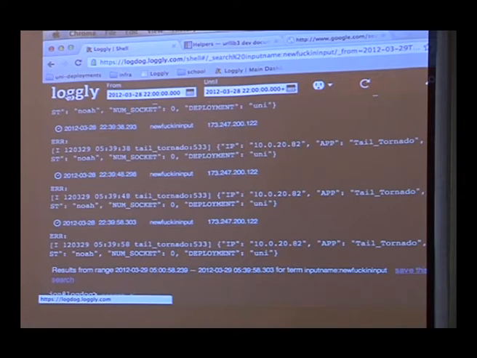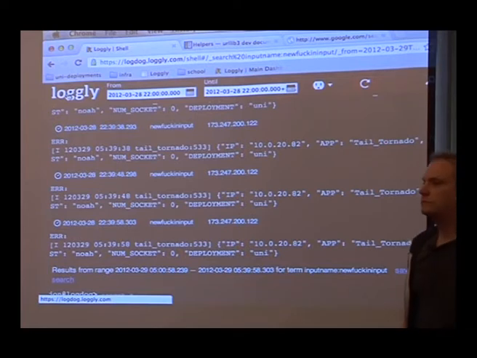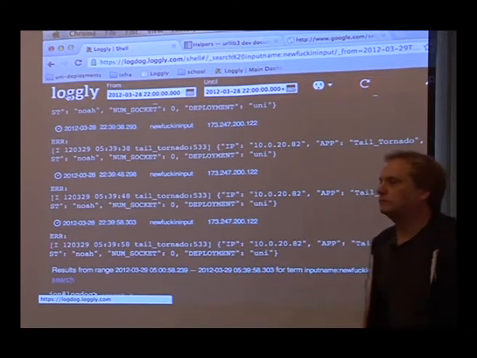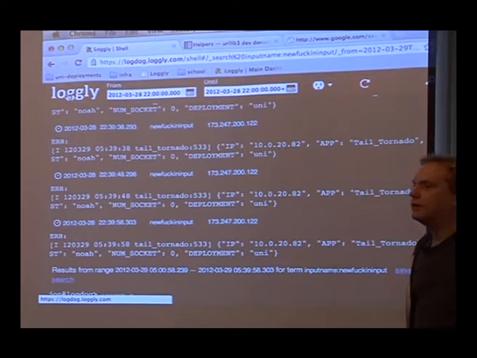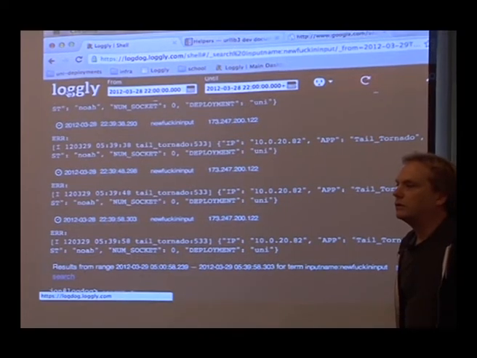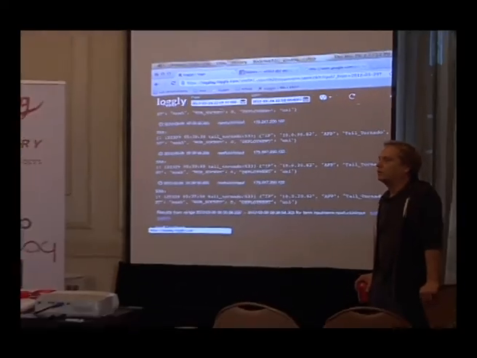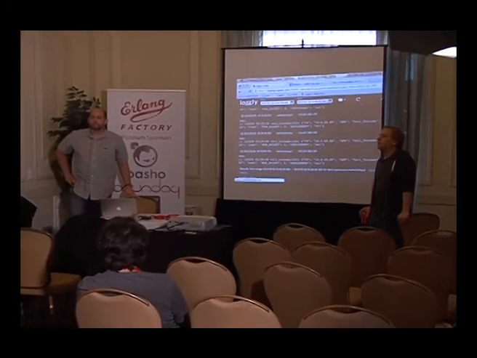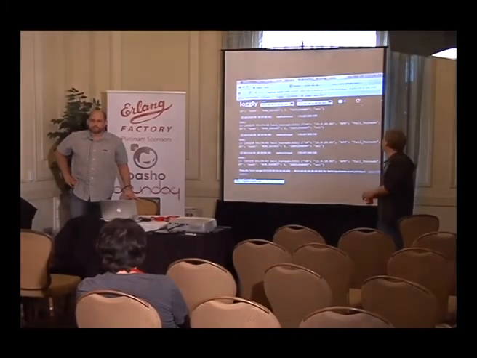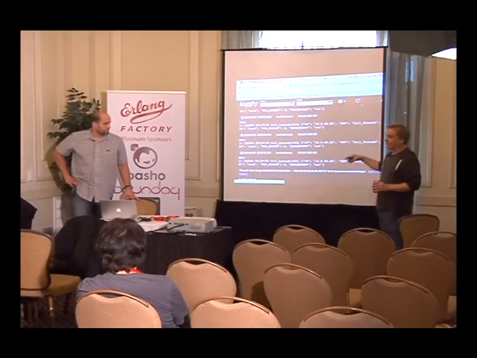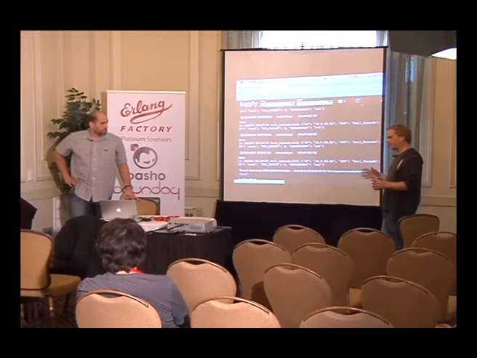What's the interface between the supervisor and the program that's running? So do you capture standard error, standard out? Yes, right. We have a bunch of different tools in our stack, and they all sort of log differently, which is kind of problematic as well.